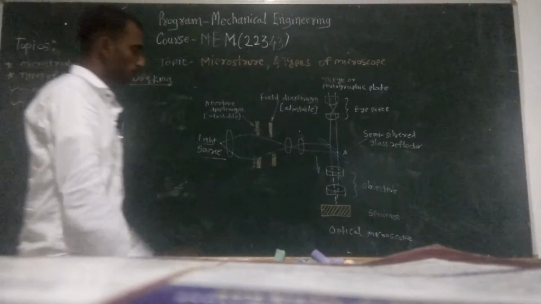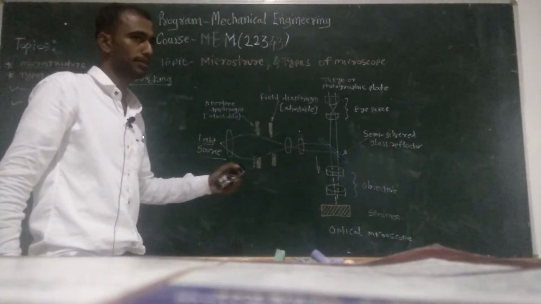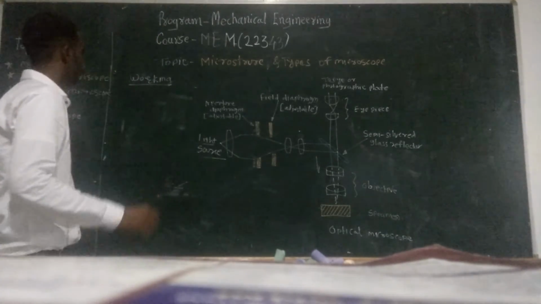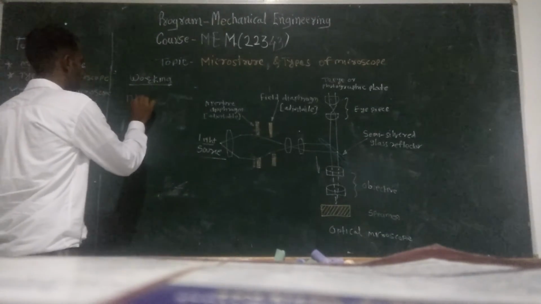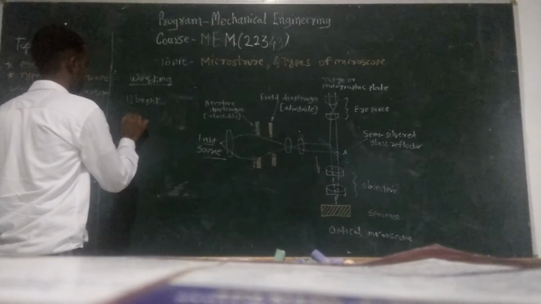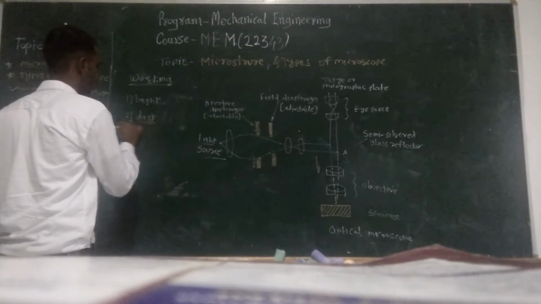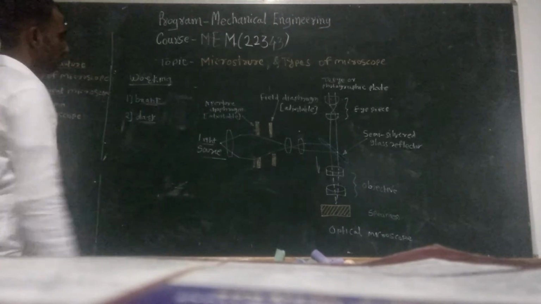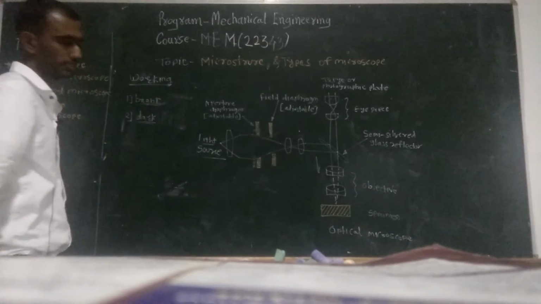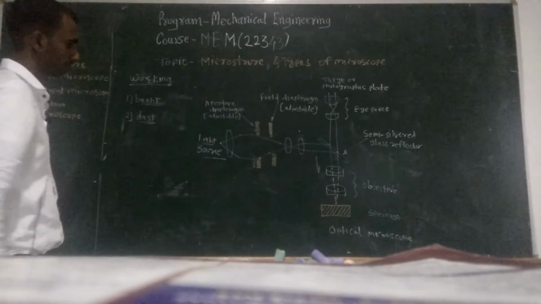Now, after observation of a particular specimen of metal or alloy, we get two types of output. One is bright and the second one is dark. Meaning either we get a bright surface or we observe a dark surface.